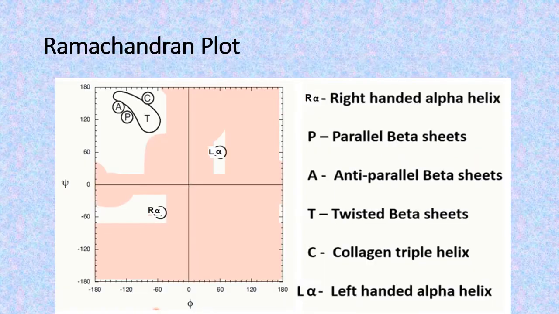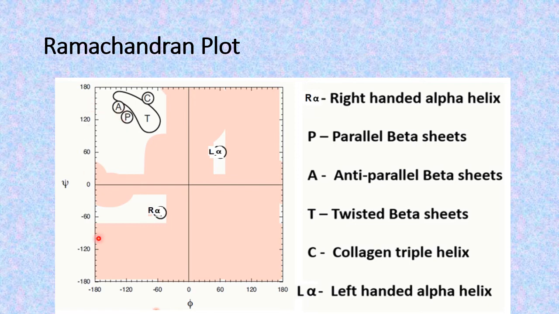So what Professor G. N. Ramachandran did was that he used certain computer models of small polypeptides, and with the help of these computer models he systematically varied these two angles, the phi and the psi. His objective was to find a stable conformation, that is, to determine which angle combinations lead to the formation of stable secondary structures.